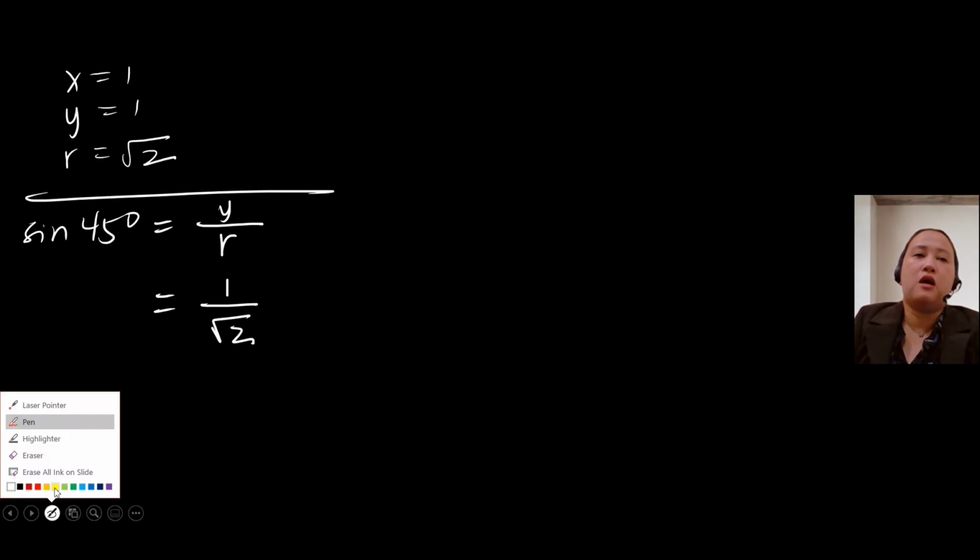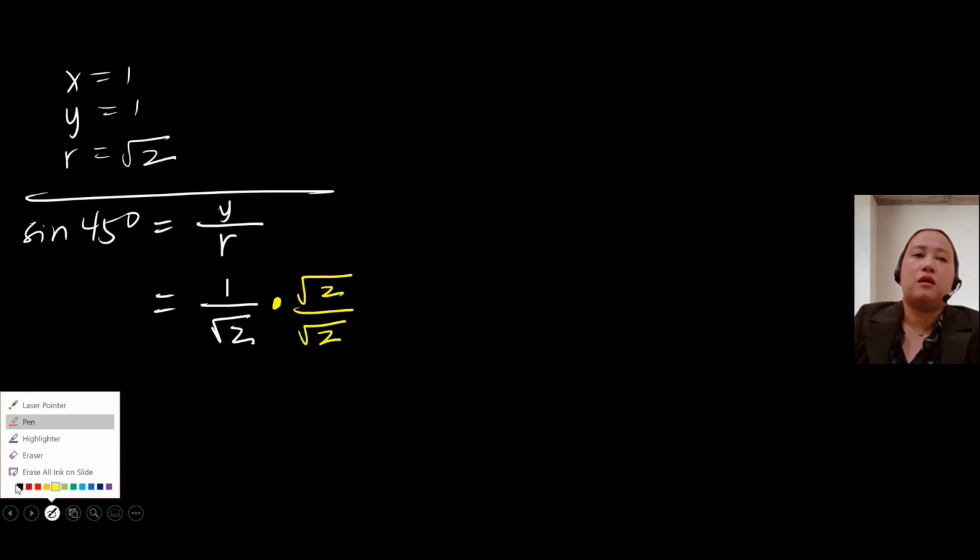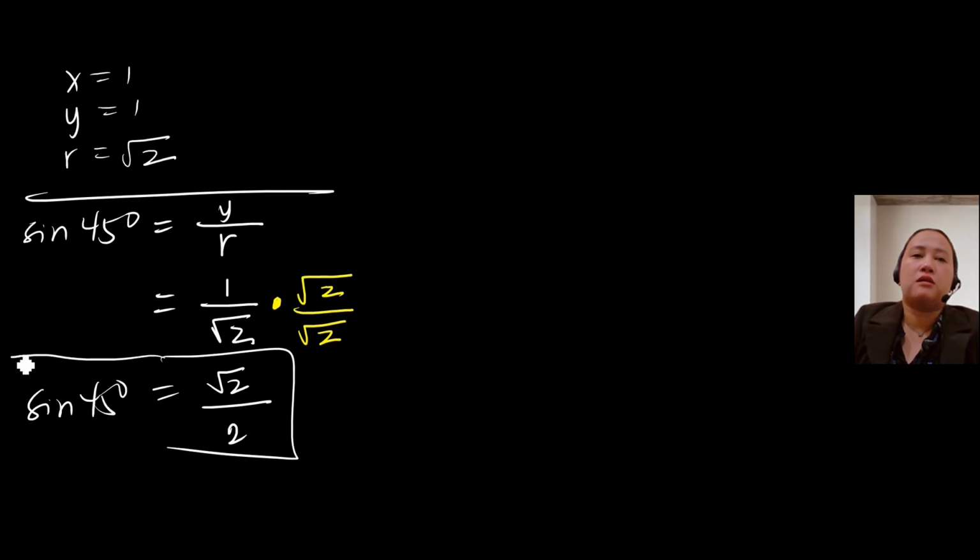As you can see, we need to rationalize this because the denominator has a radical sign. So we have 1 times square root of 2 is square root of 2, square root of 2 times square root of 2, this is 2. So sine of 45 degrees is square root of 2 over 2. You can also check this in your calculator. Sine 45 degrees equals.